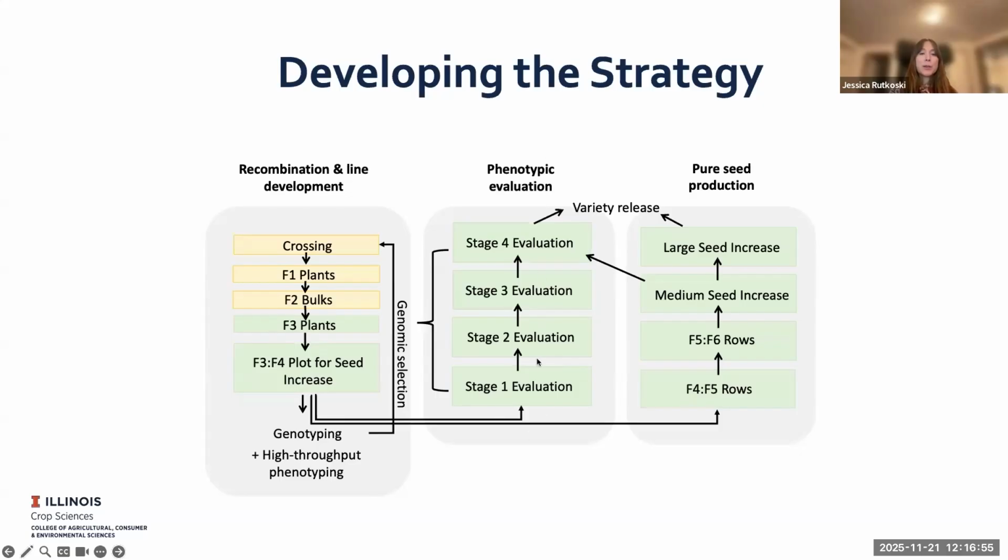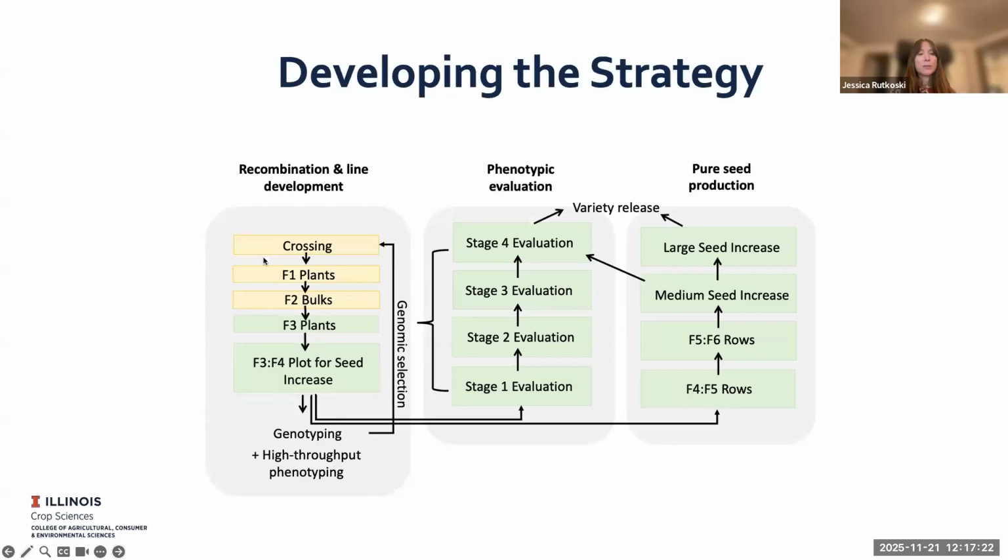Before I get to the phenotypic evaluation part, I want to point out that this is really our first opportunity to start selecting individuals that we're going to use again as parents. So that's a critical part. From this point in time, we have our individual lines that before we even start testing them, we can actually select parents and then use them for crossing.